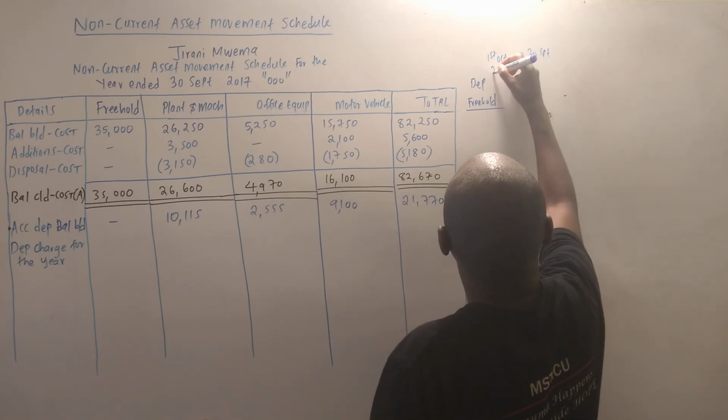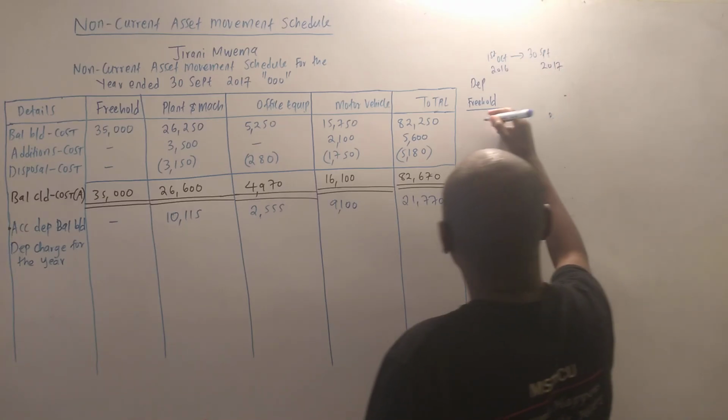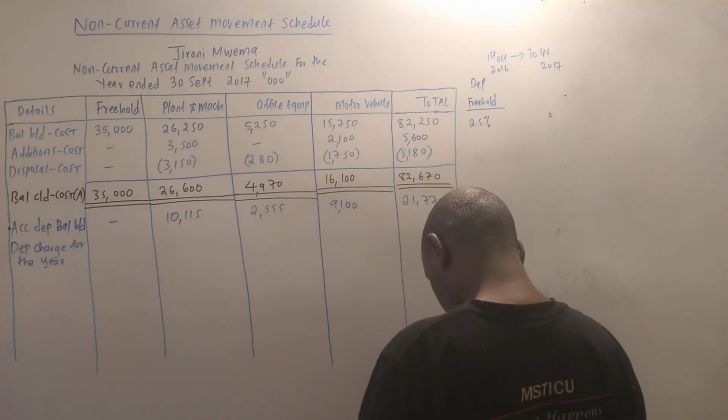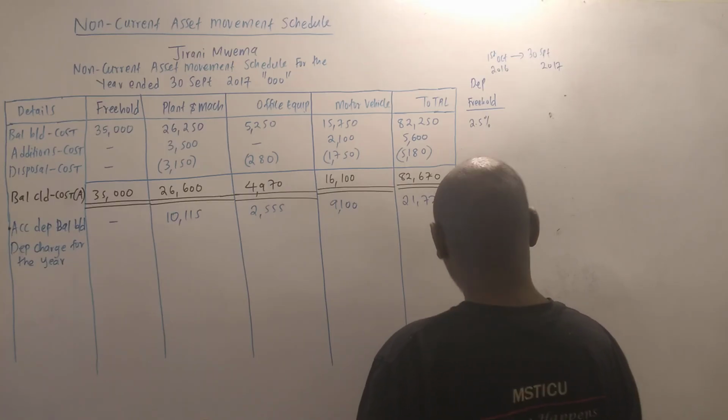So here it is 2016, but it will be 2017. Now 2.5. So is it reducing balance or straight line? On 1st October, the management decided to depreciate freehold at a rate of 2.5% per annum.